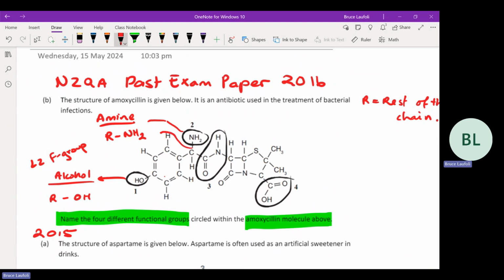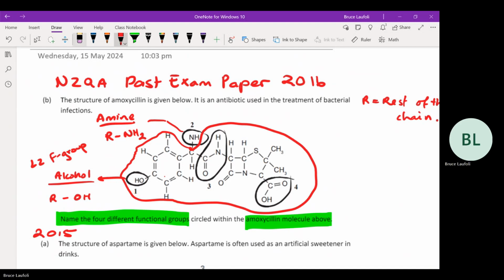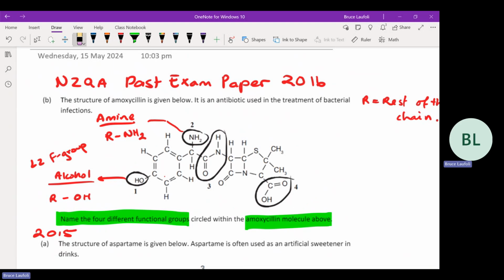So in this case, we would label all of this as the R. I covered the 2, but there's a 2 there. In that case, you can easily see that it is an amine.